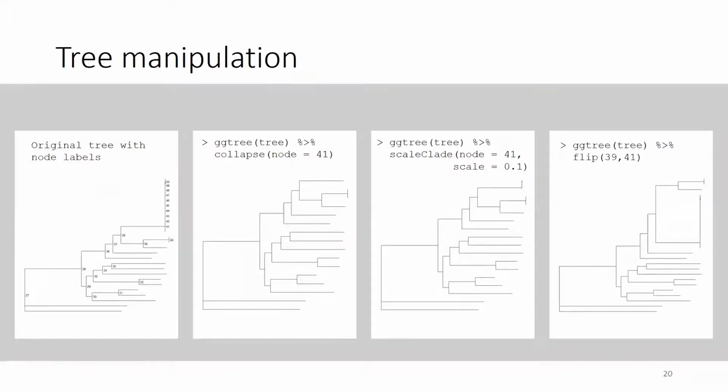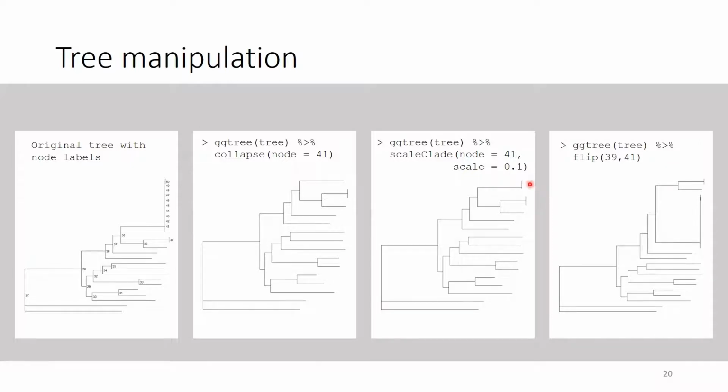If we pipe our tree into the collapse function, as shown in the second square, and we specify node 41, you can see that that node collapsed. It's no longer there. If we use scale_clade and specify node 41, setting the scale to anything less than 1 will shrink the scale.